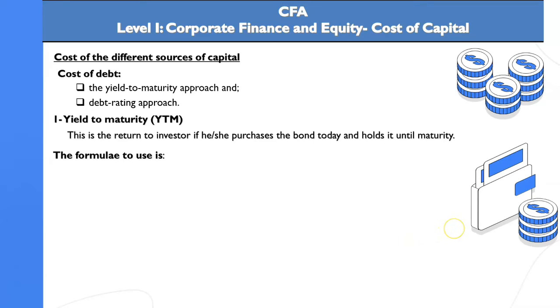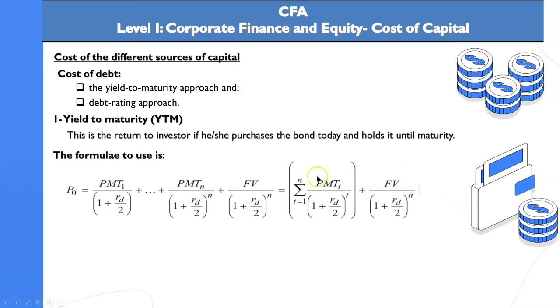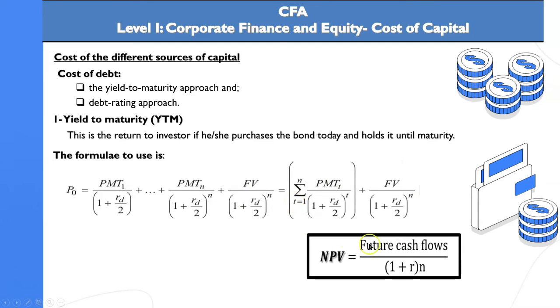Now we are in video number 11, and I keep bringing the same formula in each video. So this scares everyone. But if you remember the magic formula, the net present value equals future cash flow divided by 1 plus R, this is simply the whole scary figure like this.